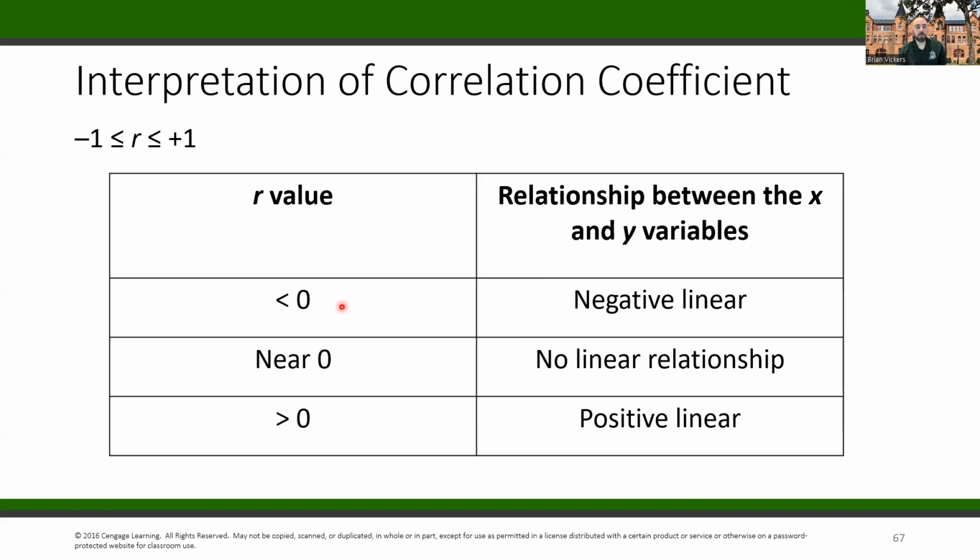It can go all the way down to -1, meaning -100%, that's the lowest it can go, and then +1 being a 100% positive relationship. It's more or less a percentage of how much that relationship exists and whether it's negative or positive.